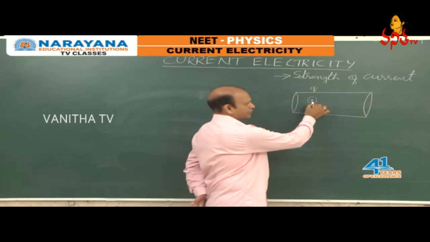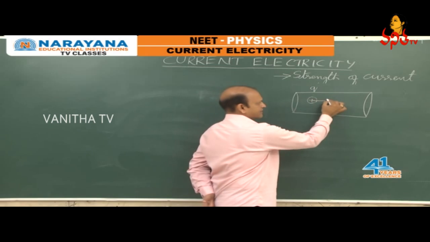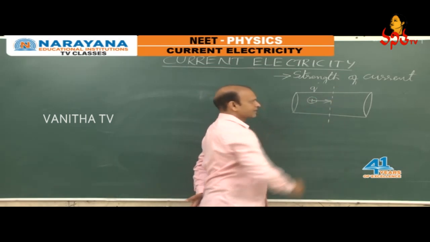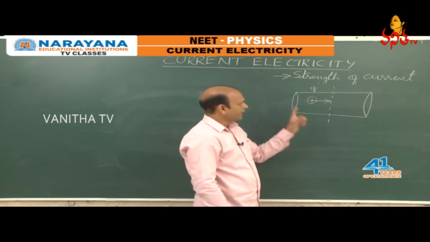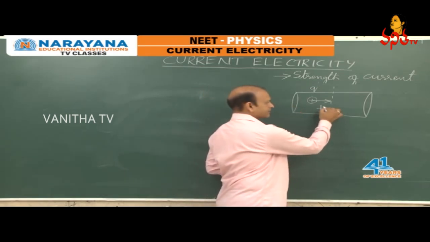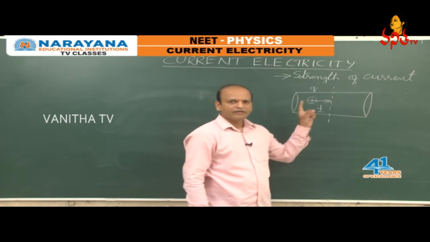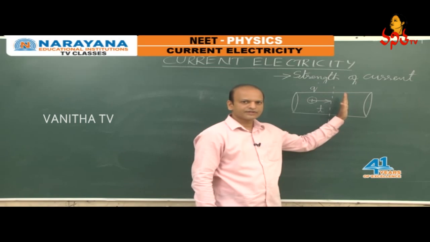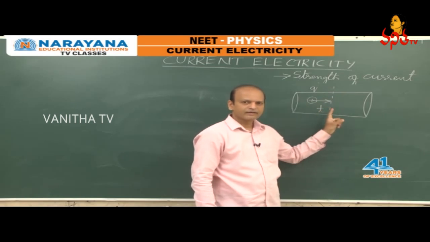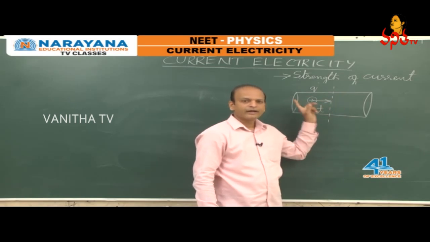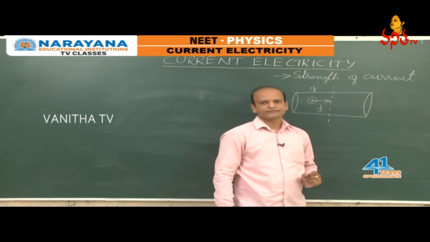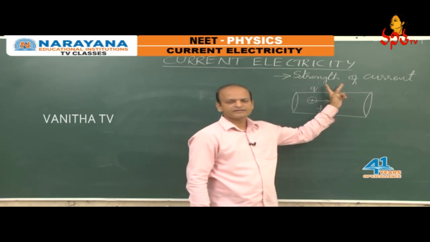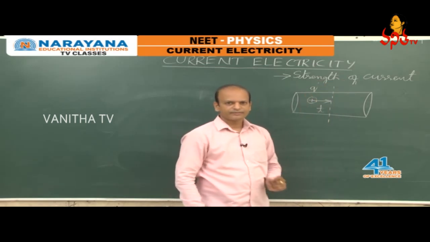Here a Q charge is passing through this conductor through any cross section in a time t second. If Q amount of charge is crossing through any cross section in a time t second, then the rate of flow of charge is defined as the strength of current.